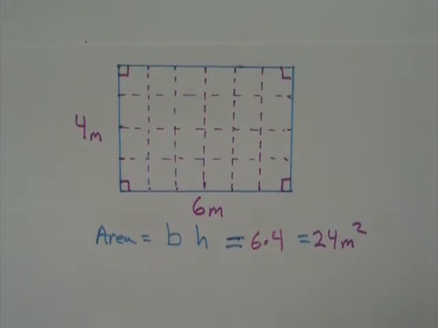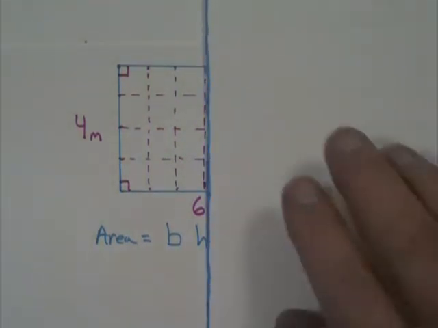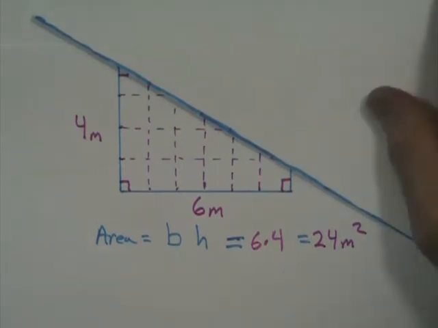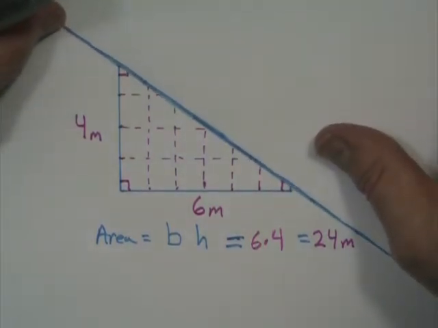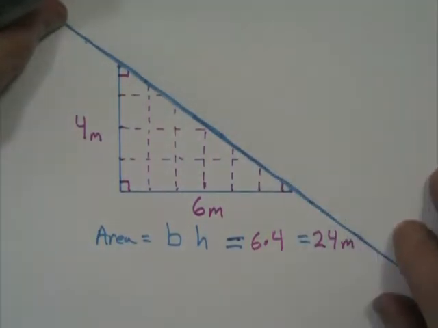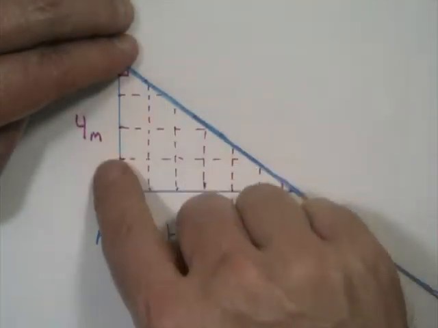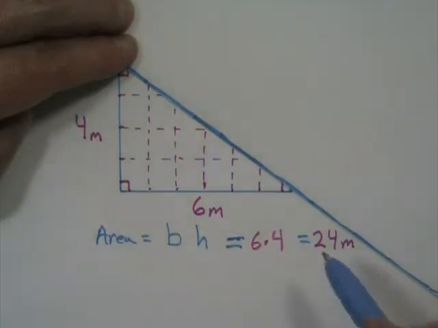Now, if I take this, I could divide it in half this way, or I could divide it in half diagonally like this. Okay, so right now I've got it in half. So right now we have half of a rectangle.